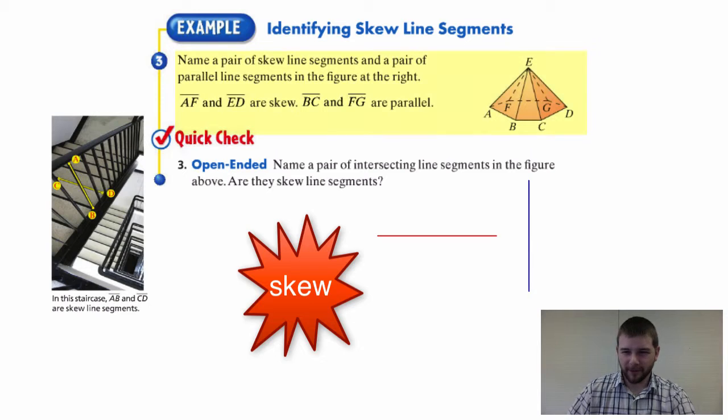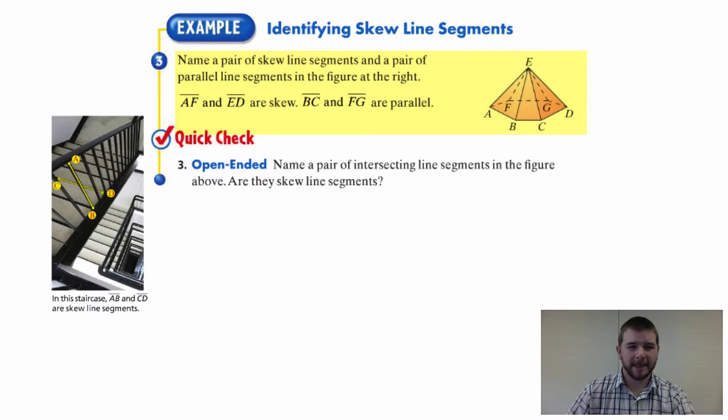So back to our example problem. Number 3, we're asked to name a pair of skew line segments and a pair of parallel line segments in the figure at the right. So to imagine a couple of skew line segments.